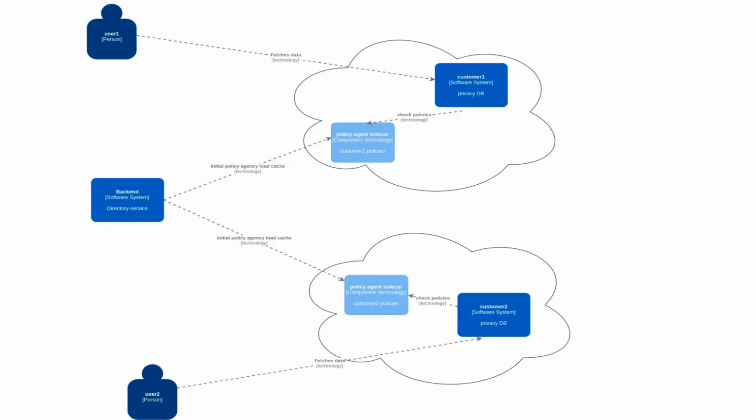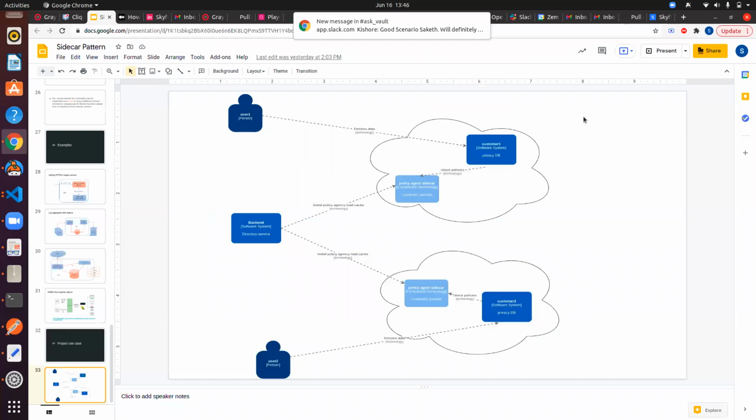Okay. So, quick question. Generally, in some applications, we use the ELK stack for logging, right? Are you aware of that, Saket? No. So basically, our pods, the containers, write the logs.